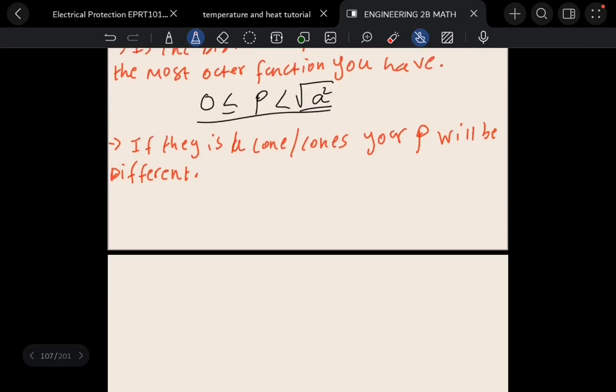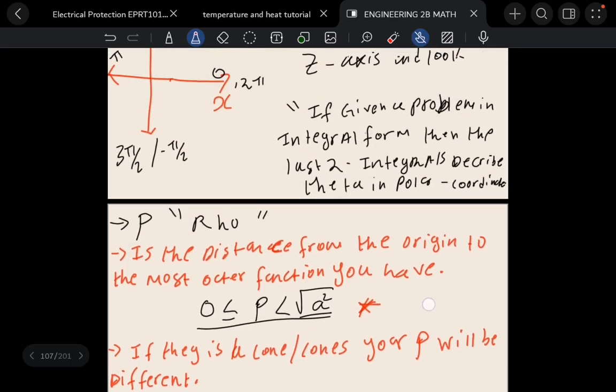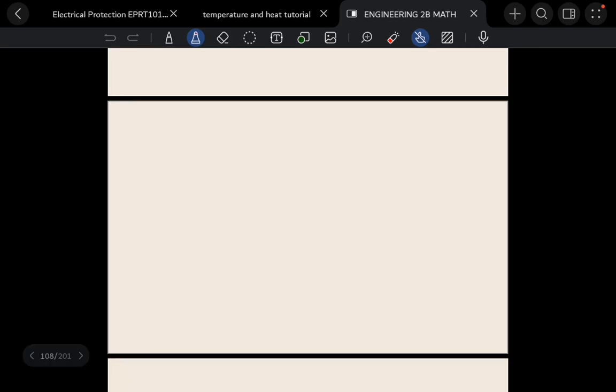But just keep in mind that your rho is always like that. And then the last one, but not least, is the one that confuses many students.